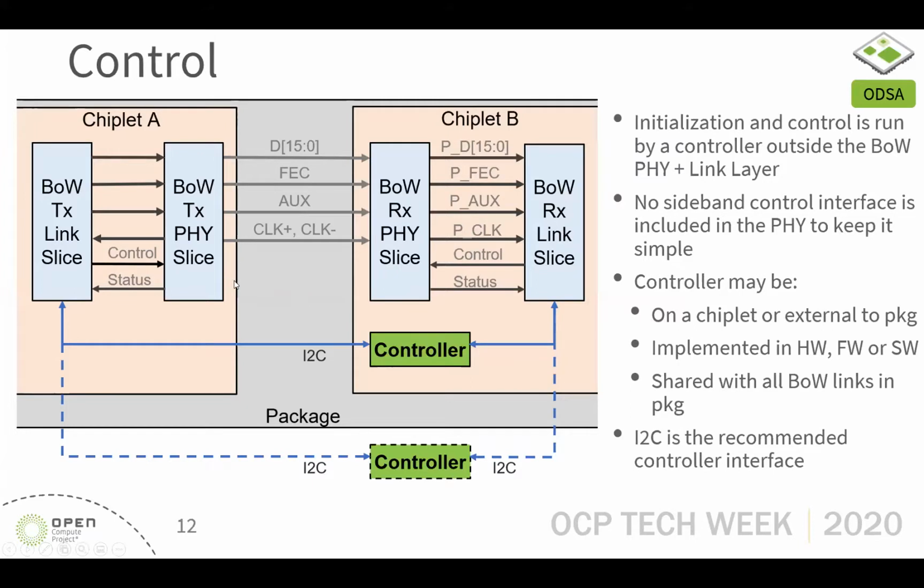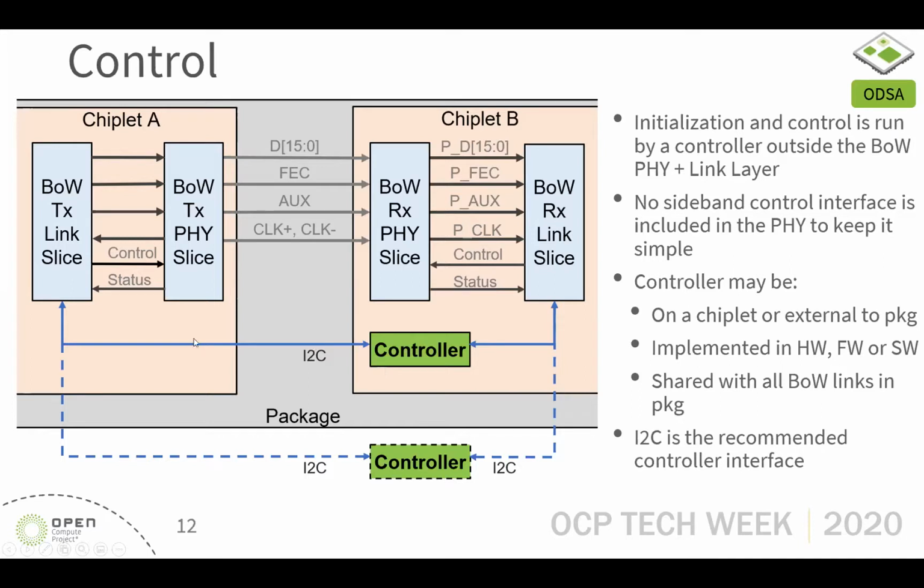We decided that was extra complication and that it would be simpler to place the controller outside the PHY and the link. And the controller can be on one of the chiplets, or the controller could be outside the package. That's an implementation choice.